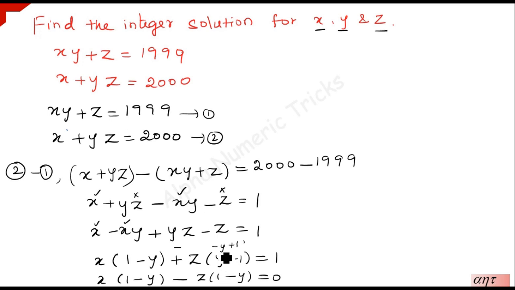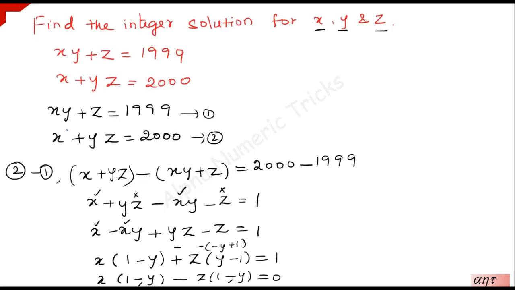So here you can write minus of y, and here you have minus into plus, minus 1. So here we have 1 minus y as common. So take it outside. When you take 1 minus y common, what is the left out term here?